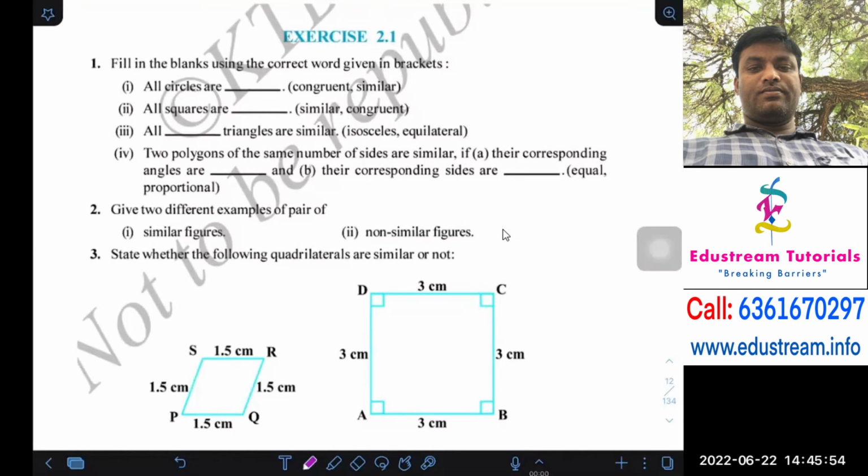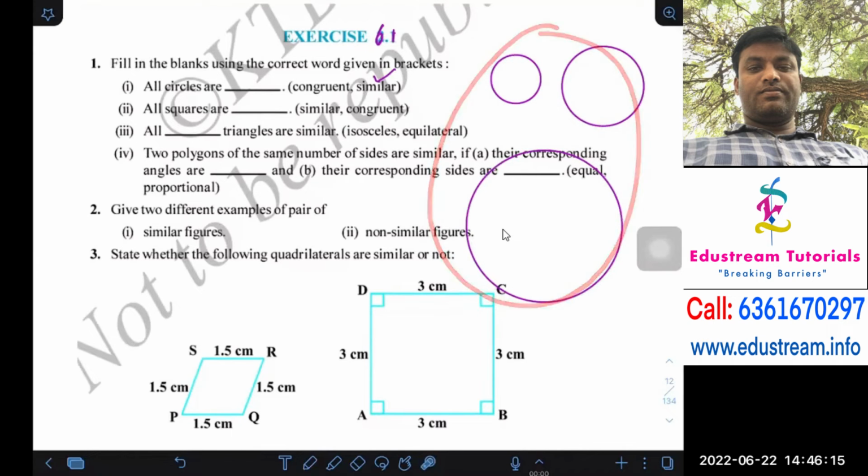So let's say exercise 6.1. First one: all circles are what? Similar, not congruent. See, this is one circle, this is one circle, this is one circle. These are all circles. Now, do you say all these three circles are congruent or similar?